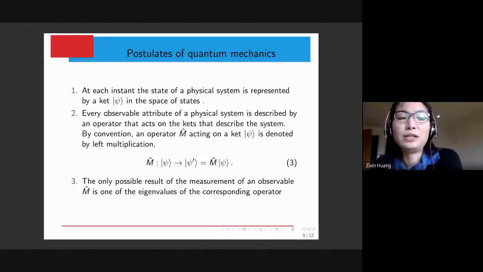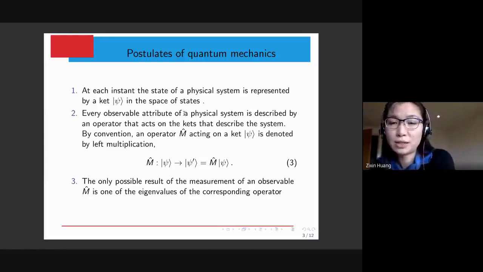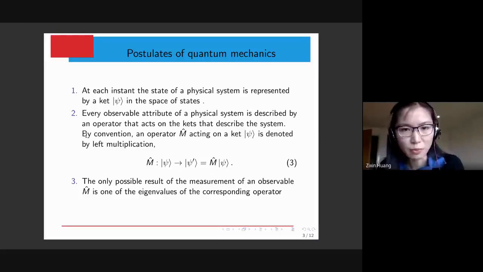The second postulate says that each observable attribute of a physical system is described by an operator that acts on the kets that describe the system. By convention, an operator, hat m, where the hat denotes that it's an operator that does something to the state, acting on a state psi is denoted by left multiplication.